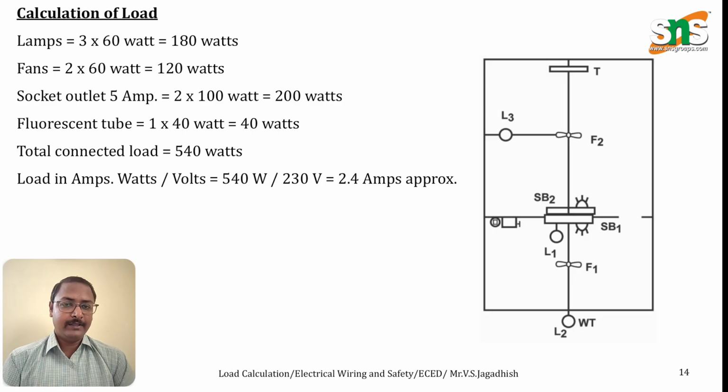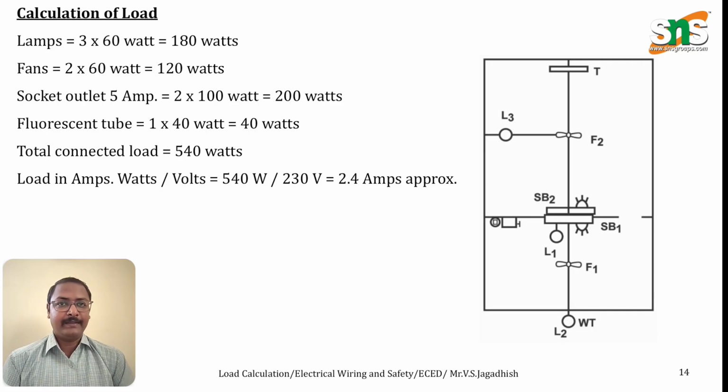Now let's move on to the load calculations, the simple load calculations here. First we have three tube lights, commonly represented as a lamp. So 3 into 60 watts is equal to 180 watts in total, and 2 fans into 60 watts consume around 120 watts.